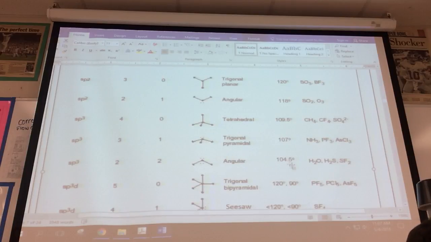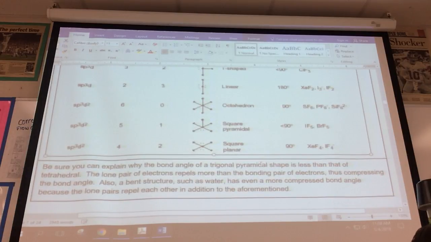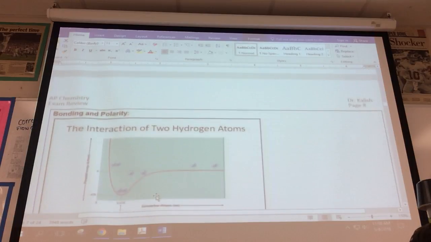Don't do that. And with your water molecules, for example, you've got two lone pairs of electrons. The lone pairs repel one another in addition to the lone pairs repelling more than the bonding electrons, hence further compression. They like to ask those, so I'd be comfortable with it, and I've indicated that down here.